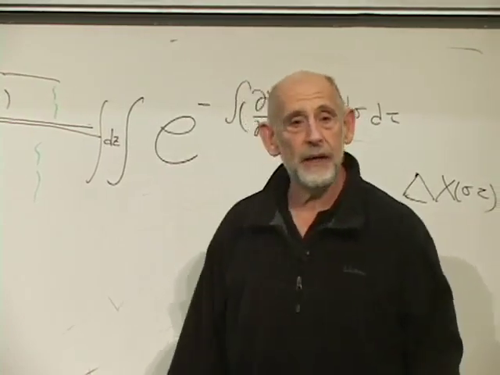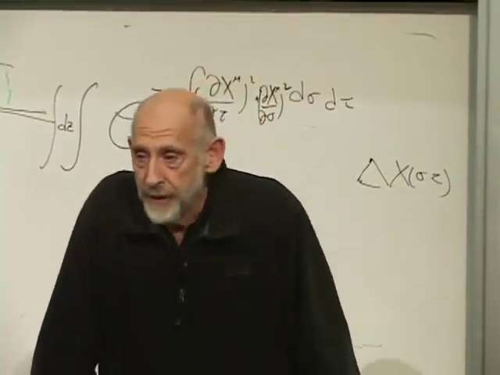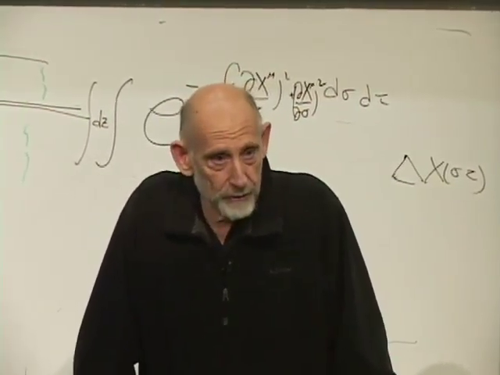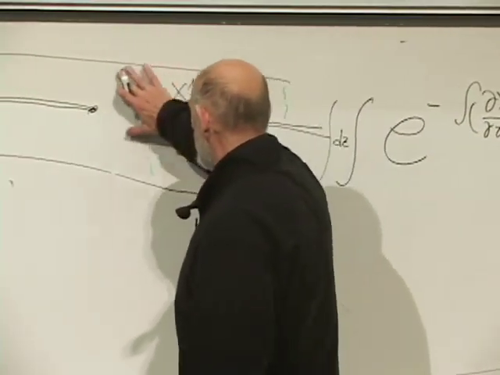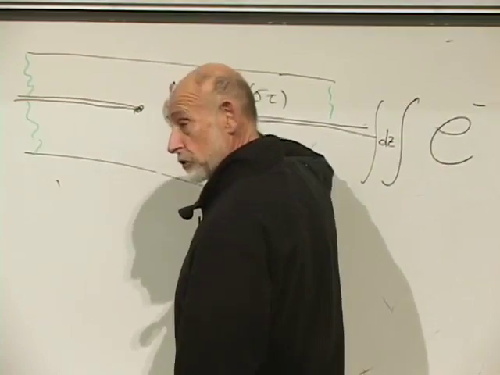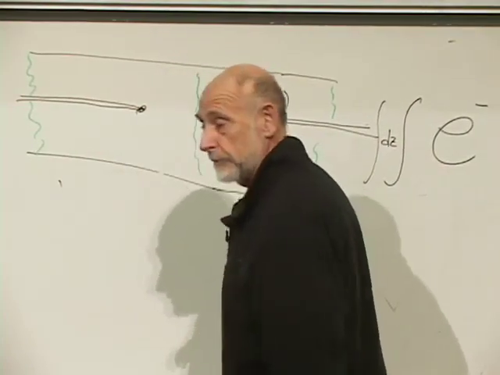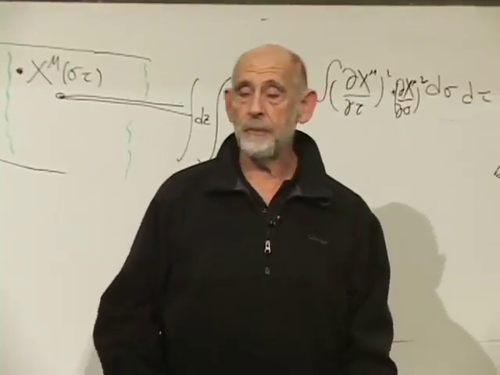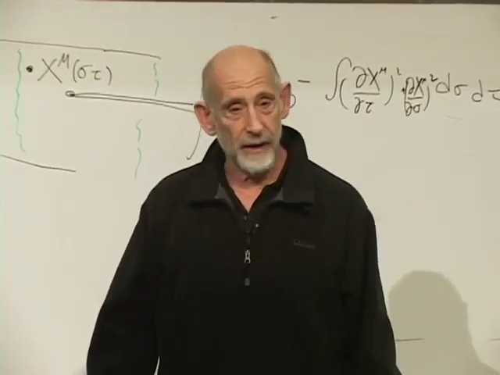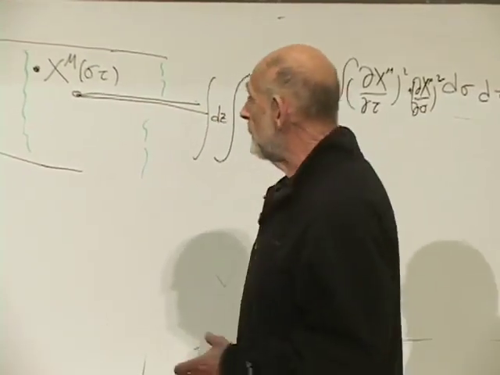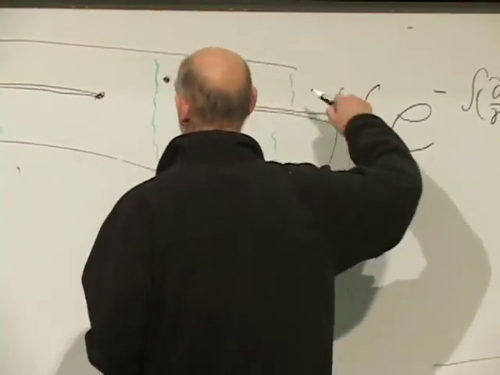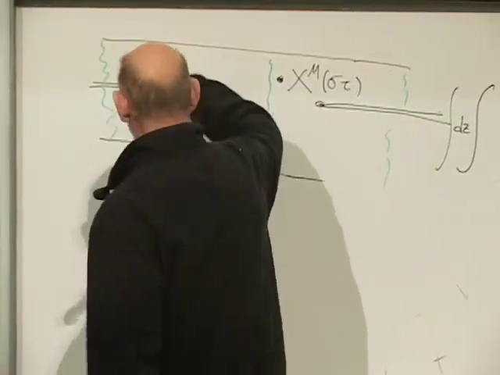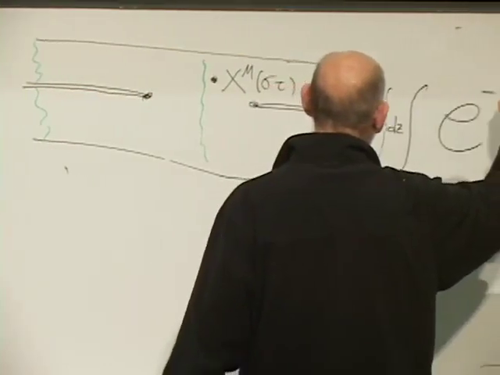Well, now we can make use of our freedom to map this picture to other sets of coordinates for the world sheet. Conformal mappings. Conformal mappings is a very wide variety of analytic functions, and in fact the variety is so large that you can basically map. This thing has one boundary. The boundary goes from here to here.